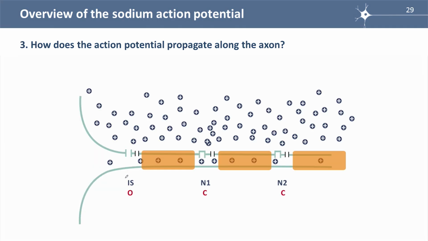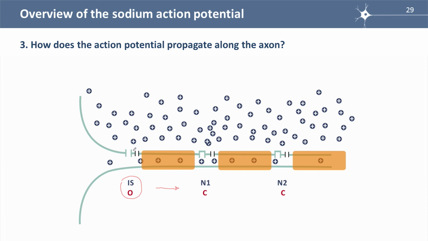Let's have a look at the action potential propagation from the axon initial segment down the axon from one node of Ranvier to the next. There are many sodium channels at the axon initial segment and at the node of Ranvier to allow the propagation of the action potentials. Let's imagine that the action potential is initiated at the axon initial segment.